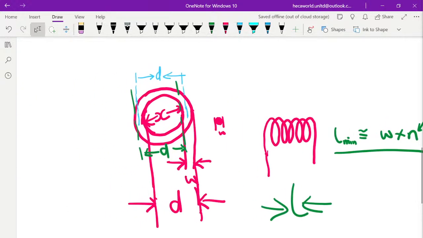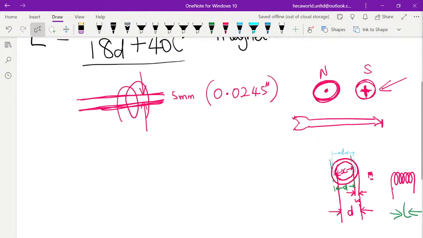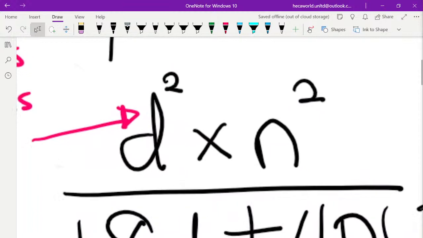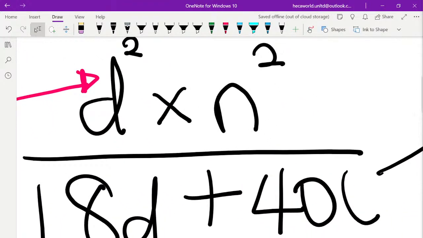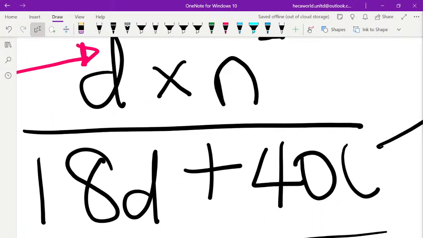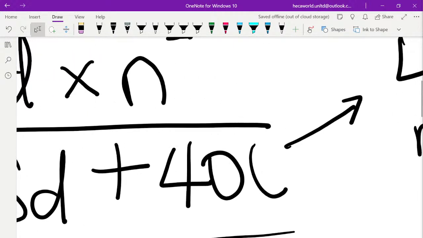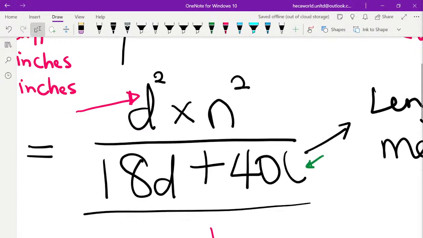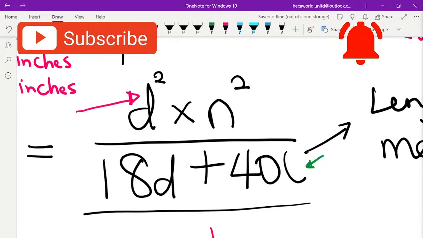So 2 things are easy to identify here. One of them is the diameter, the other one is the number of turns, and then L will vary on how tightly packed the wires are. But I want you to see something here.